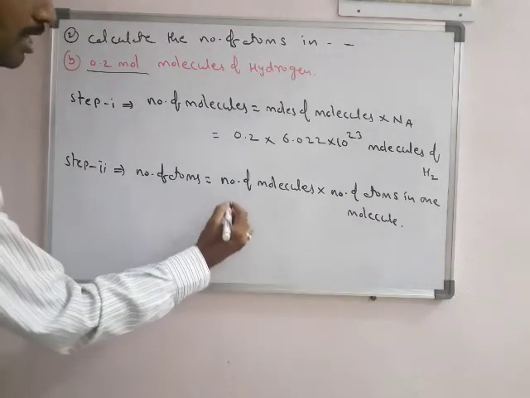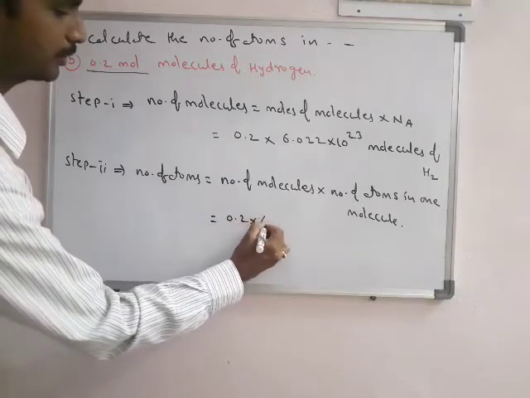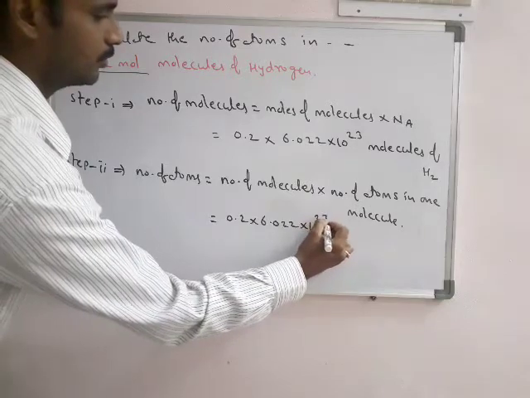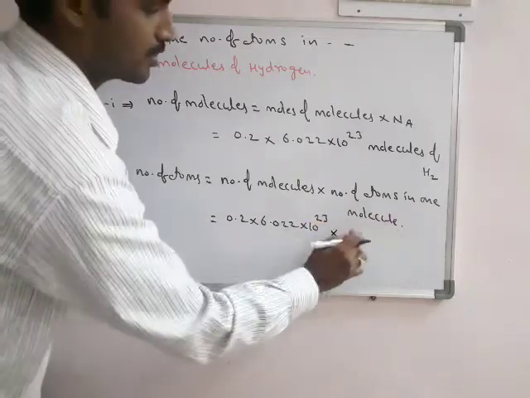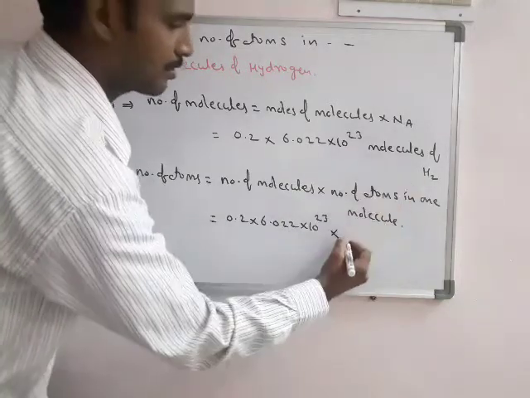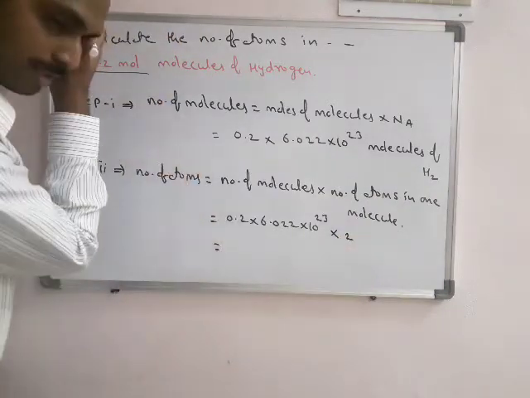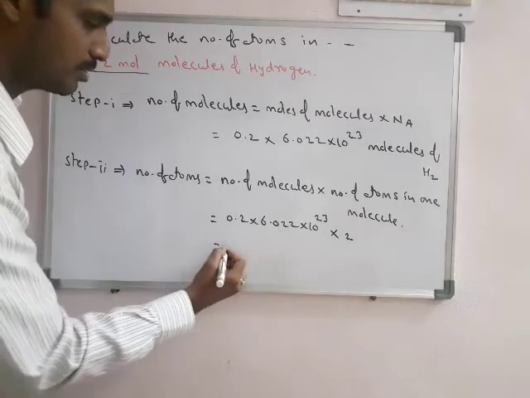Number of molecules how many? 0.2 into 6.023 into 10 power 23. How many atoms in one molecule? One molecule hydrogen కాబట్టి 2. So 0.2 becomes 0.4.